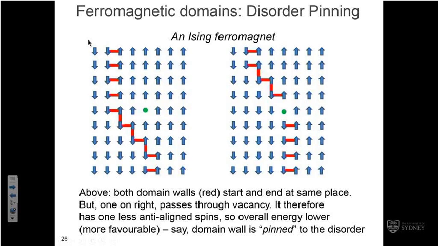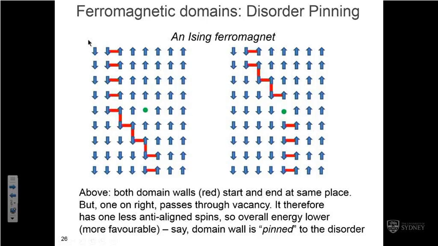And so this configuration is actually more favorable. So the domain wall is said to be pinned at this defect, okay? Because this has a lower energy because it has less of these unfavorable configurations.